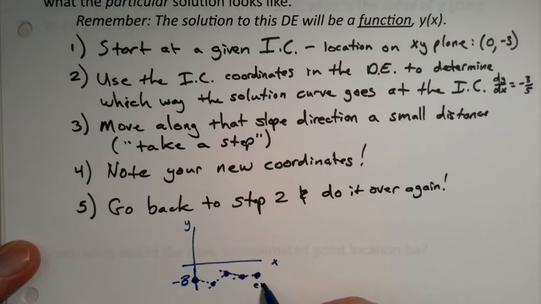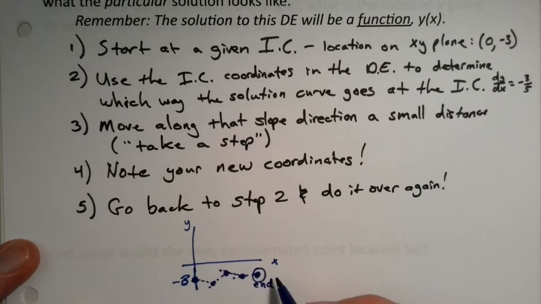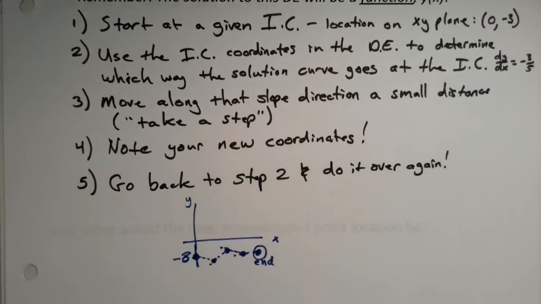Your end point someplace over here is an approximation. And so what you've done is you've created what looks like a bunch of little line segments, but that's an approximation of the curve.